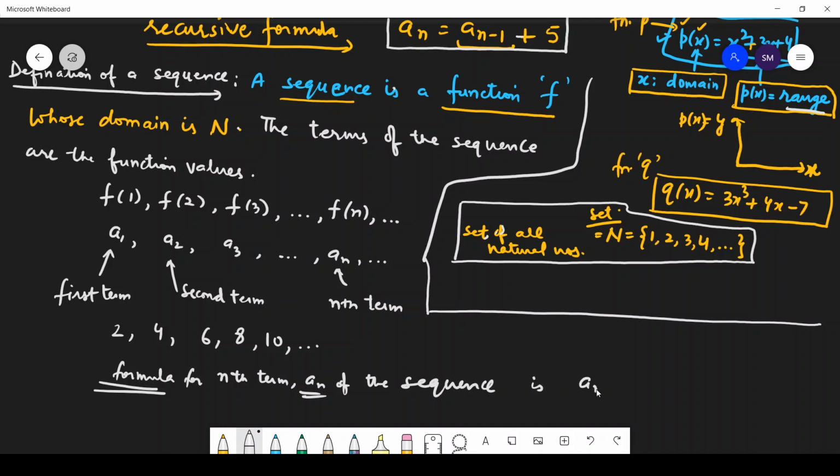An equals, tell me students, what will an be equal to? a plus n minus 1 into d.